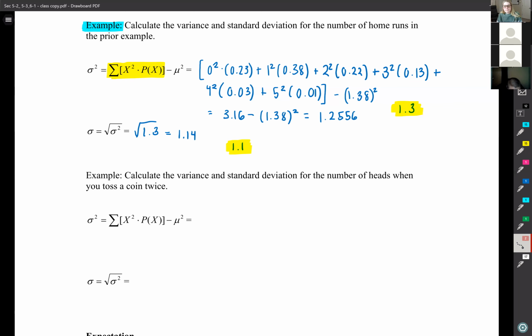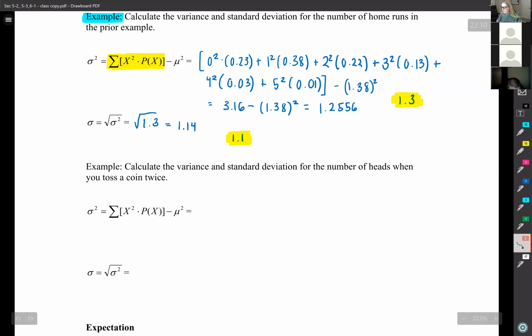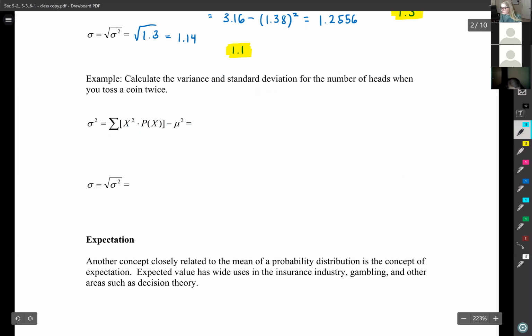Good question. Okay, let's do another example. So we're sticking with the coin toss here. So go ahead and calculate the variance and standard deviation for the number of heads when you toss a coin twice.